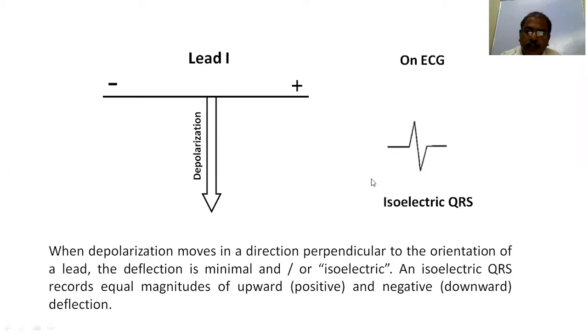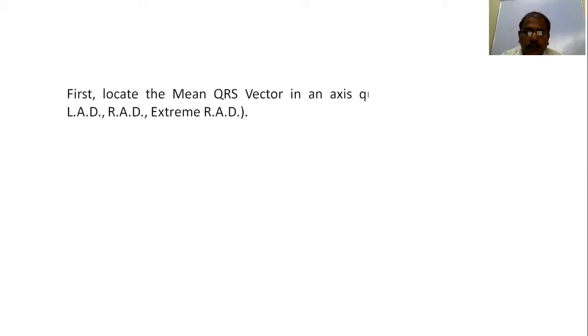So this sort of QRS complex where the R is equal to your S is known as your isoelectric QRS. Now what are we going to do? First you have to locate the mean QRS vector in an axis quadrant, that is normal, left axis deviation, right axis deviation or extreme right axis deviation quadrant.